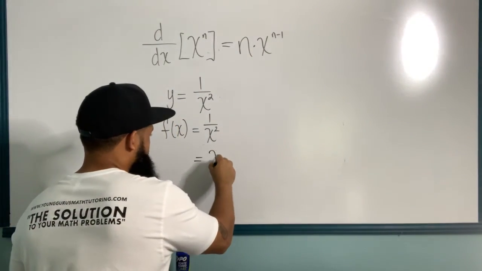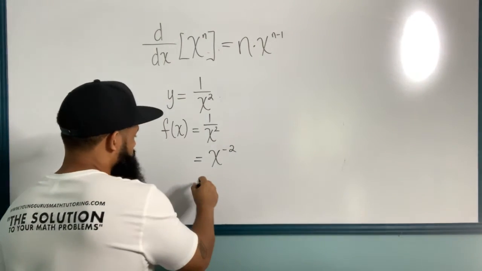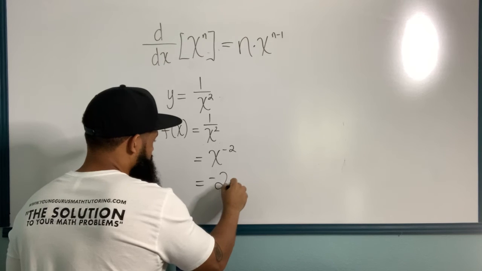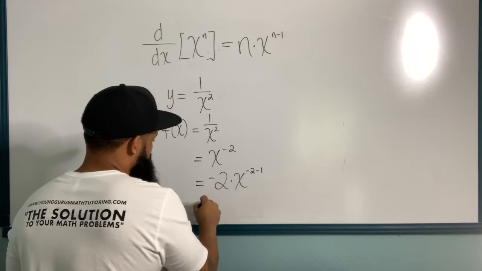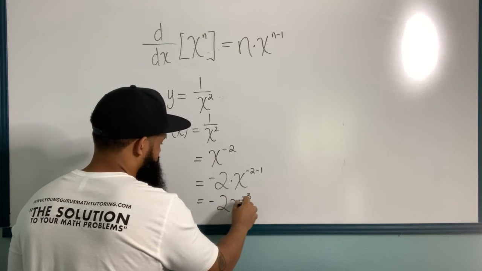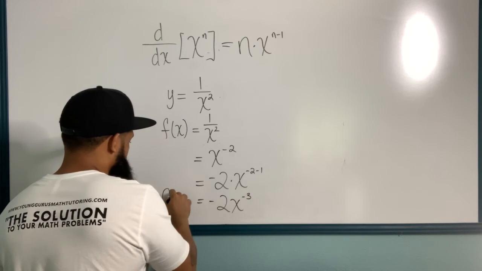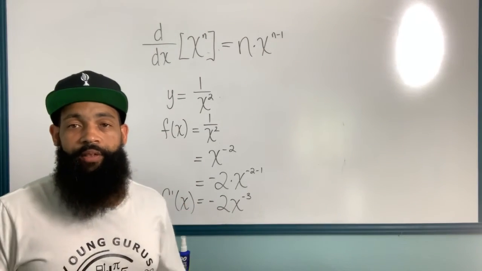We're going to say x to the negative 2 power, okay? And then we'll go with our rule. We'll say negative 2 times x to the negative 2 minus 1 power, which actually equals negative 2x to the negative 3 power. So the derivative f prime of x is equal to negative 2x to the negative 3 power.